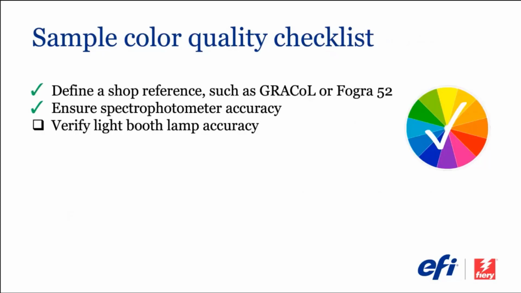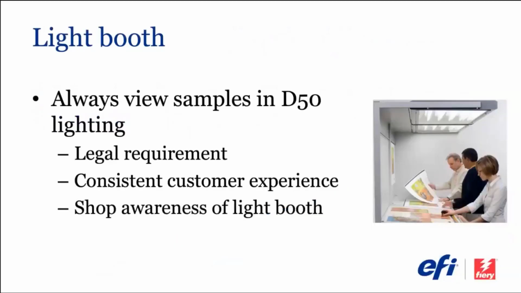Now we want to talk about light booth lamp accuracy and really just lighting in general. You should always view samples in what we call D50 lighting. D50 stands for the color and the quality of light. A lot of people say, well, that's just daylight.